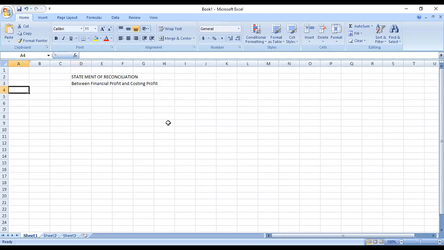First one is the particulars, then the amount in rupees.